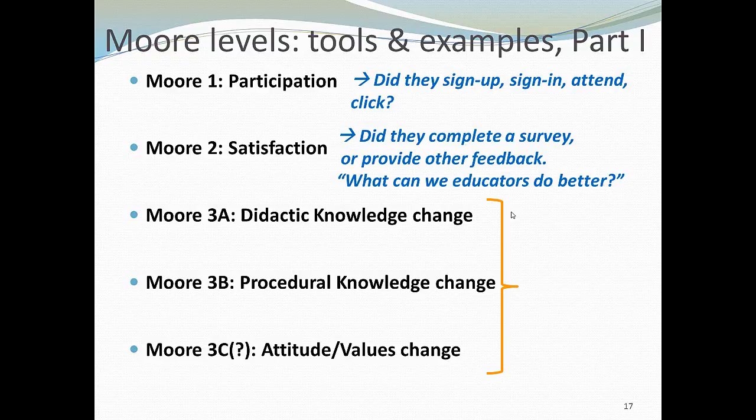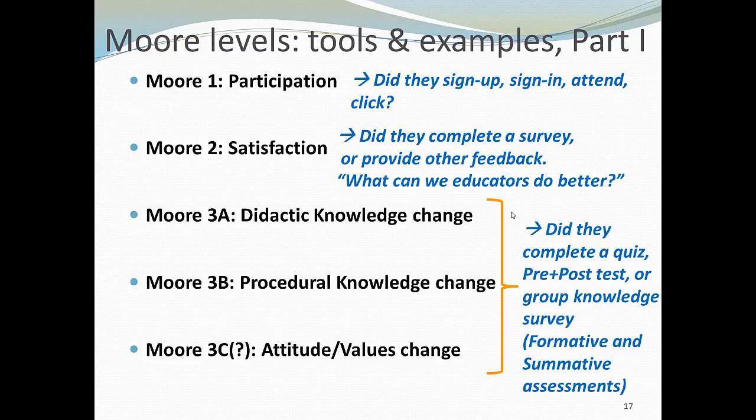Didactic knowledge change, how would we measure that, Diana? Test what they learned, what they took from it. Good. Yeah, like a quiz. And in fact, procedural and attitude values change all might use a similar set of instruments. A choice of a quiz, a pre and a post test.